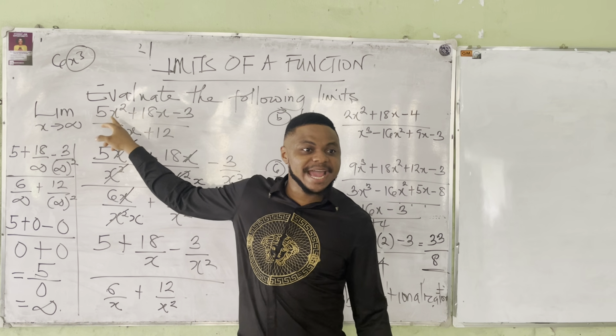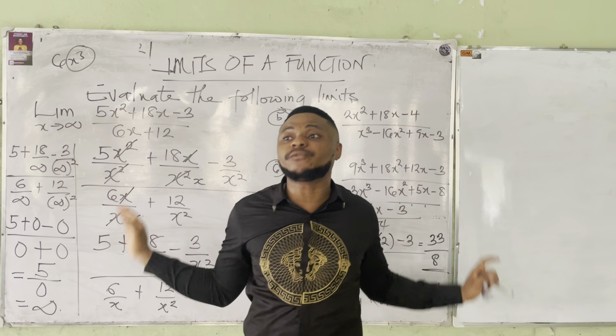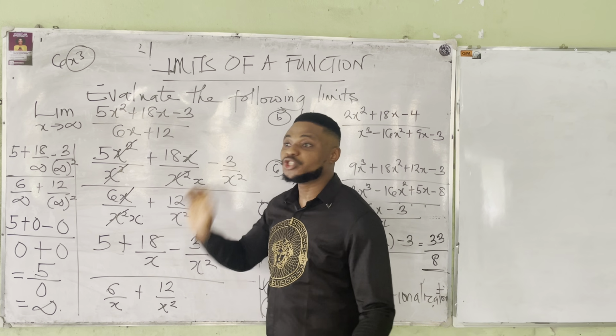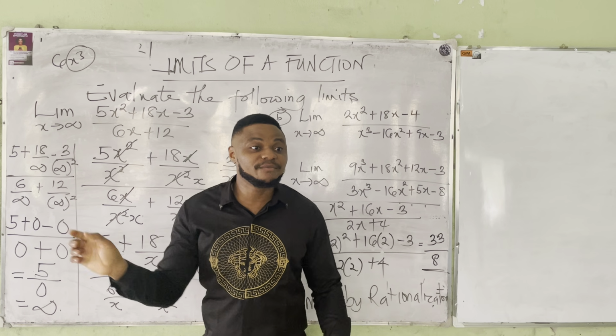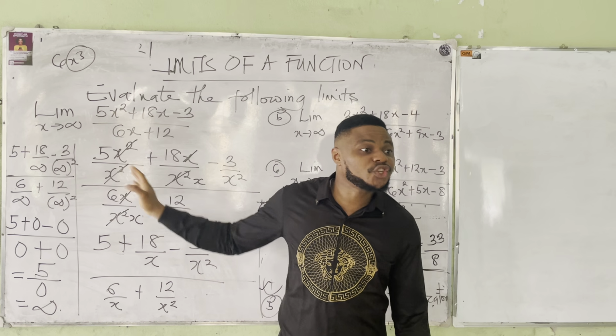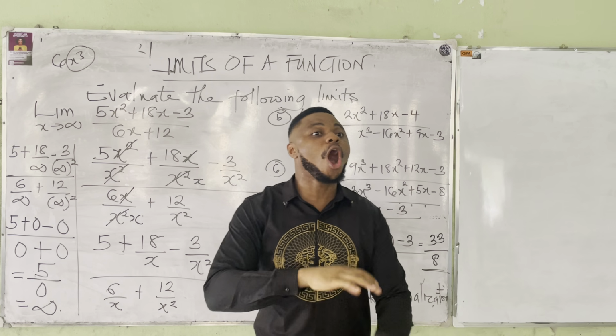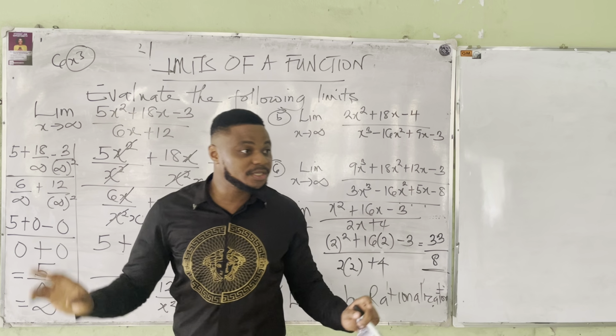If it's an objective question, shortcut to this: just go and look in the options for infinity, tick, and go your way. Don't solve. Whenever the highest power of x is at the numerator, it will always be infinity.